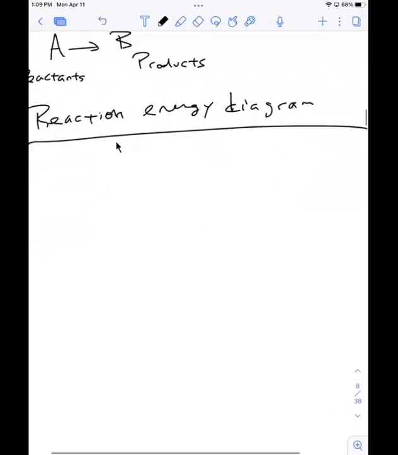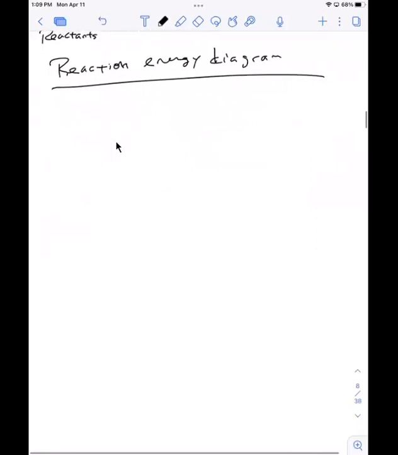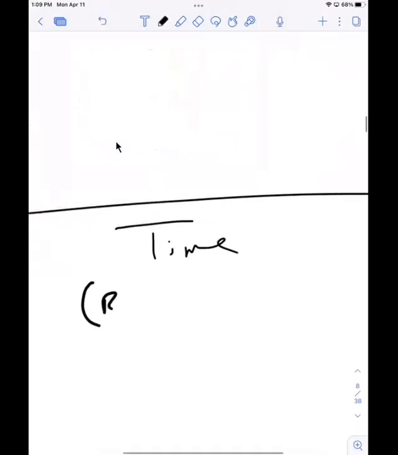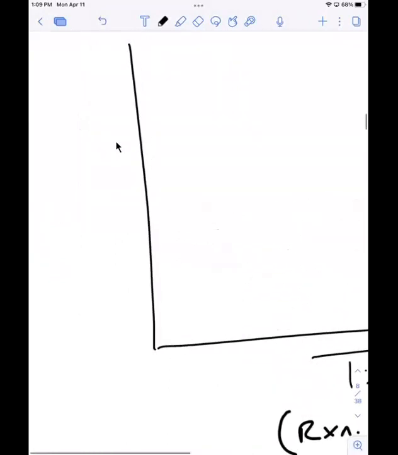The reaction energy diagram is basically a profile of the reaction. So you have an x-axis and a y-axis. On the y-axis, you have time, or what we call the reaction coordinate. On the x-axis, I'm sorry, no, on the x-axis you have time, on the y-axis you have energy.